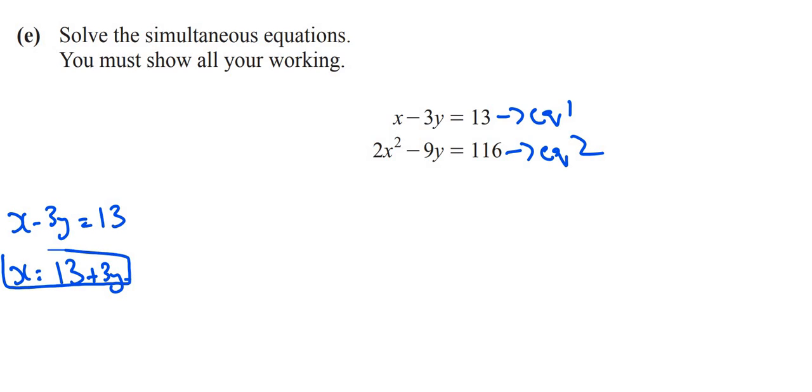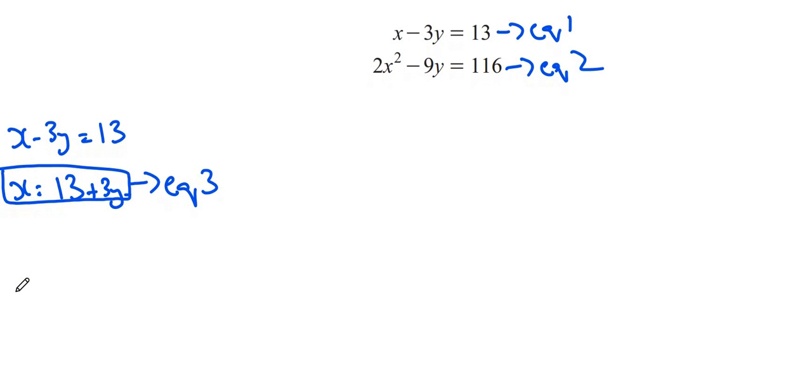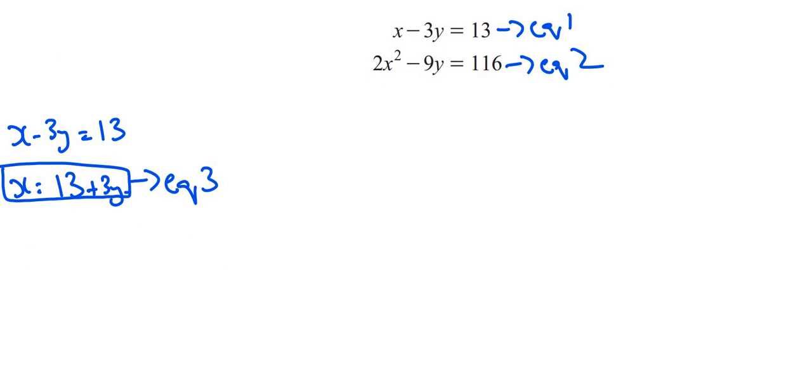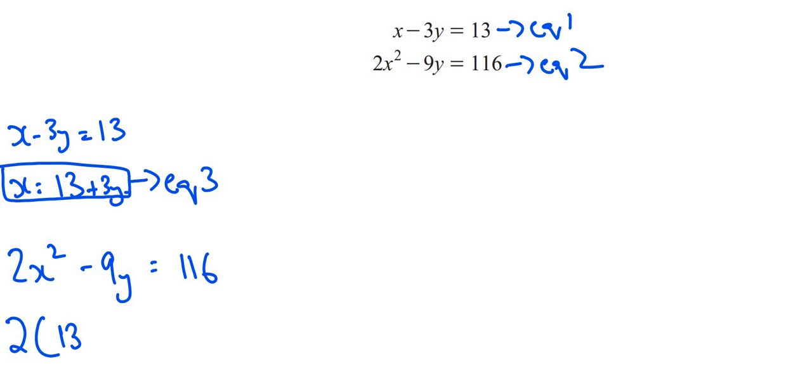This is equation 3. You will plug equation 3 into equation 2, which is 2x² − 9y = 116. So in place of x, I will write (13 + 3y), minus 9y is equal to 116.